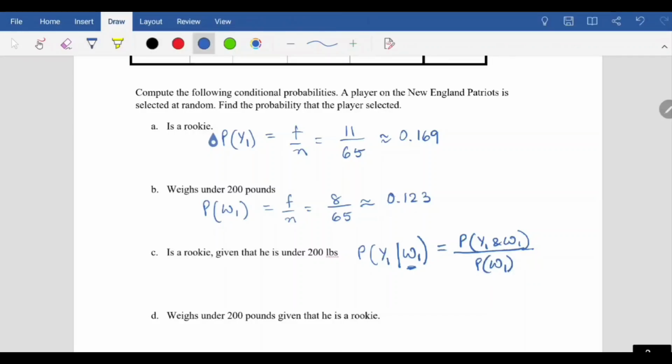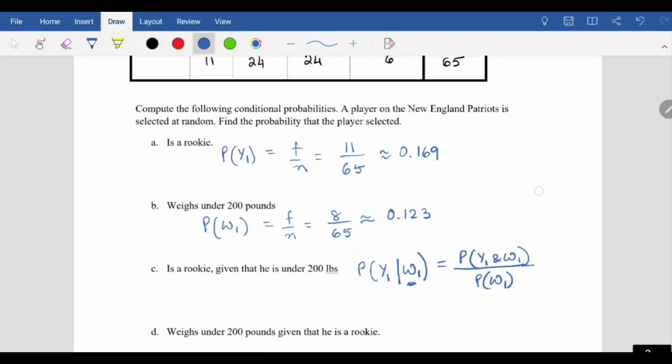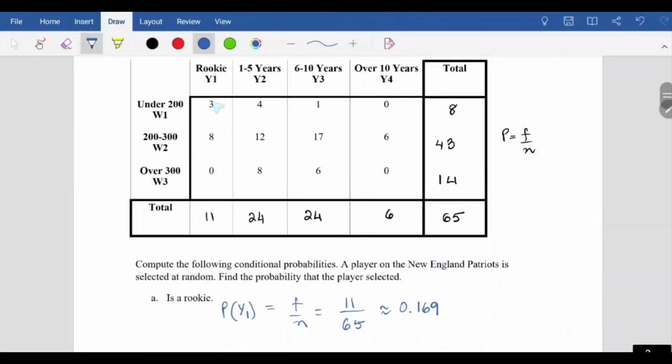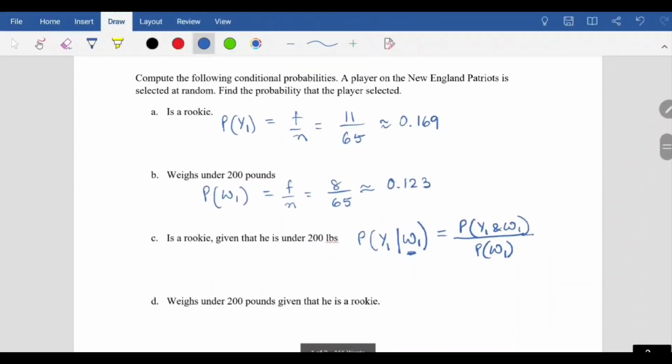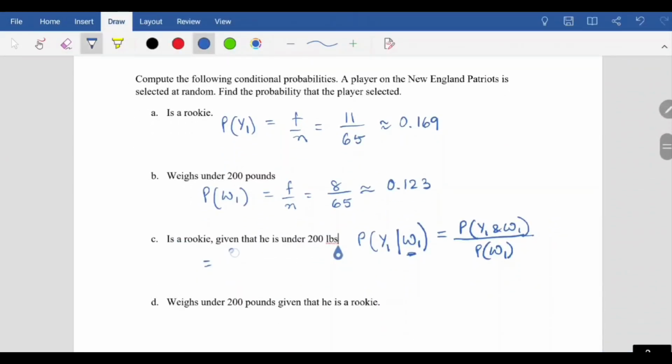Okay, so probability of Y1 and W1, this is a joint probability, so that would be 3, right? Rookie, that's under 200, Y1 and W1. So there are 3 ways that we can have a rookie be under 200 pounds. So it's going to be equal to, let's work it here, 3 divided by 65.